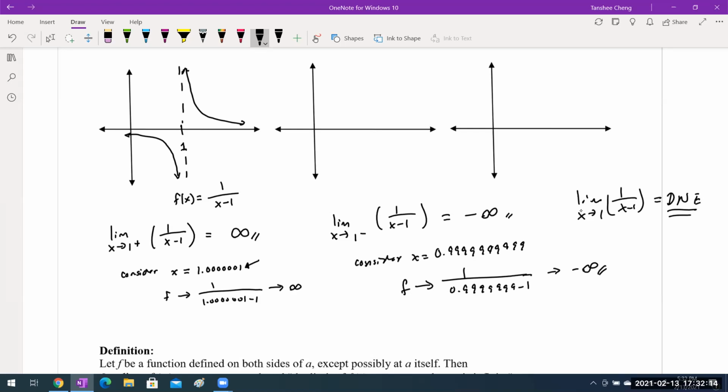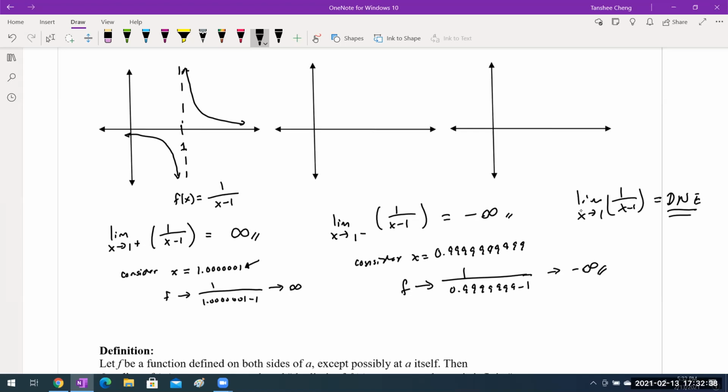And what can we say about the limit as x approaches 1 at this point? Since the left-hand side limit and right-hand side limit are different in direction, right away I can say that it does not exist. I can't even interpret which direction it's going.